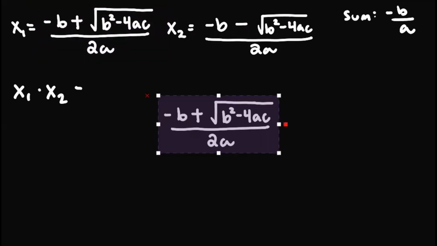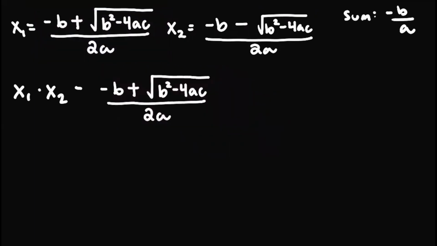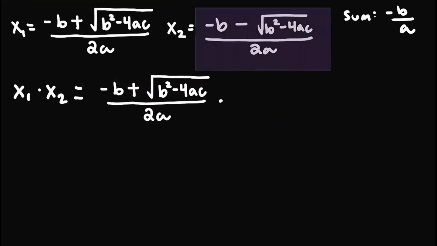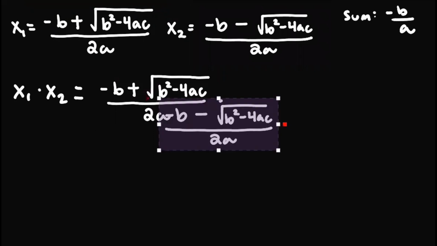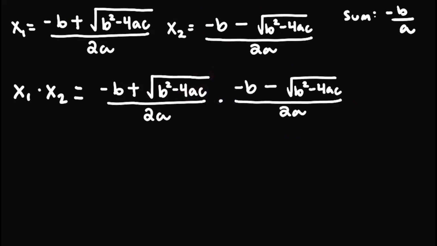Times this one. So multiplying these two, observe that in the numerator, since this is a sum and this is a difference, we'll have a product of a sum and difference.